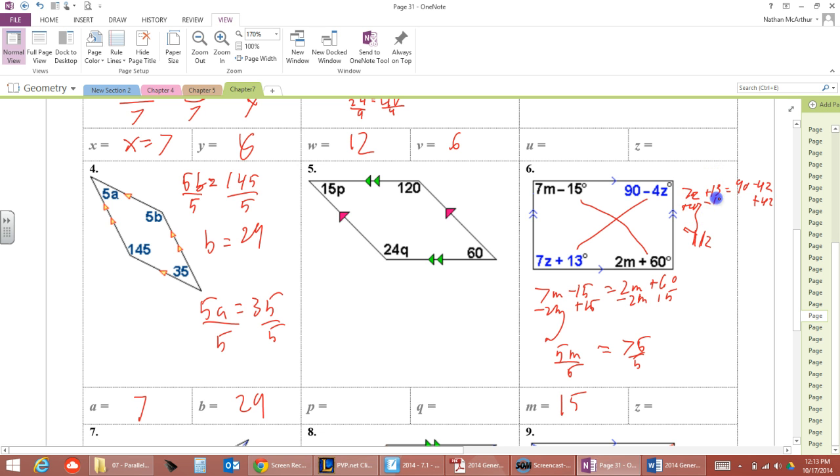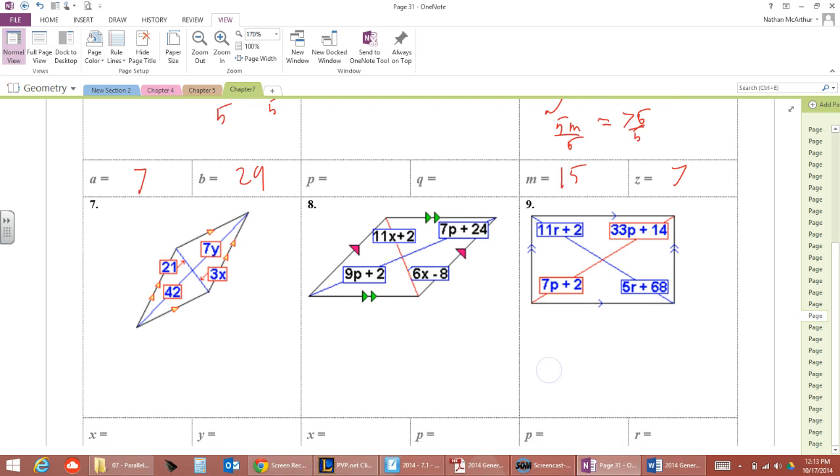I subtract 13 over, gets me 77 equals 11z. Divide by 11, z equals 7. Put it right there. Terrible stuff. What was I thinking? There we go.